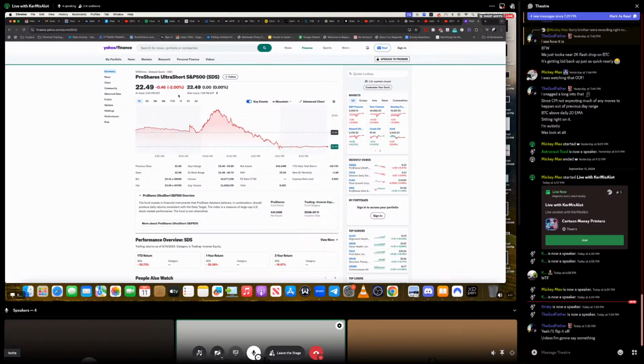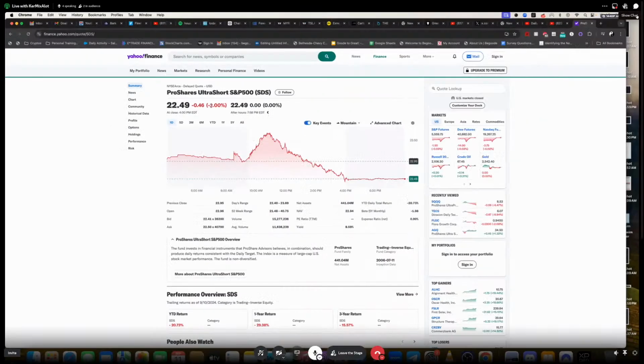SQQQ is maybe both leveraged and inverse, so it may be 2x. There's TQQQ, which is 2x, and SQQQ is 2x inverse. Those fees are probably really low compared to Tech L and Tech S, which are going to be a little bit more extreme.